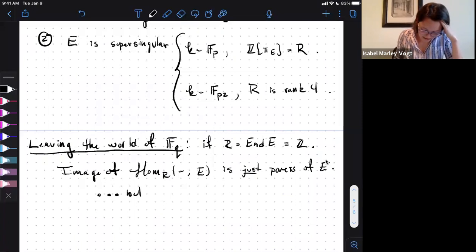But E can be isogenous to a non-isomorphic curve.